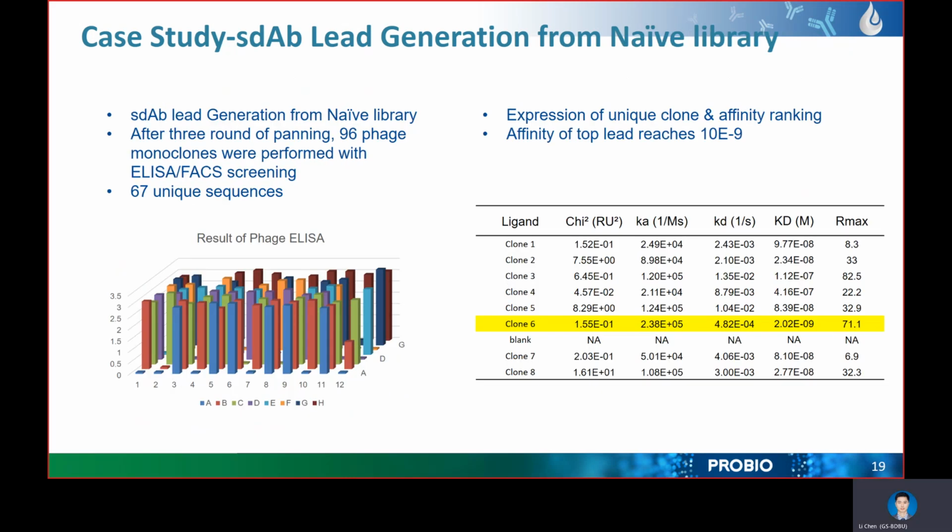In the meantime, we also conducted panning and screening using the naive library approach. 67 unique sequences were obtained from the naive library, and the affinity of top leads reaches single-digit nanomolar range.